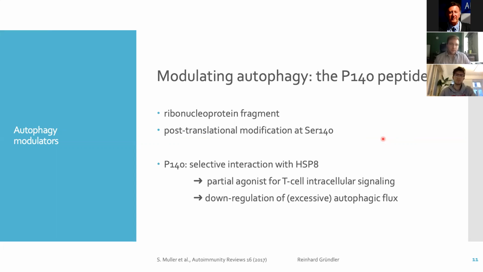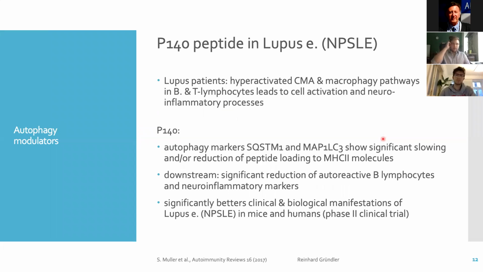And with this interaction, it serves as a partial agonist for T-cell intracellular signaling, and therefore downregulates the autophagic flux, and in turn also the B and T cell activity, which you can see on the next slide, because in the paper, the main focus of autophagy was in lupus. And in lupus patients, which is a chronic neuroinflammatory disease, the patients have hyperactivated CMA and macroautophagy pathways.